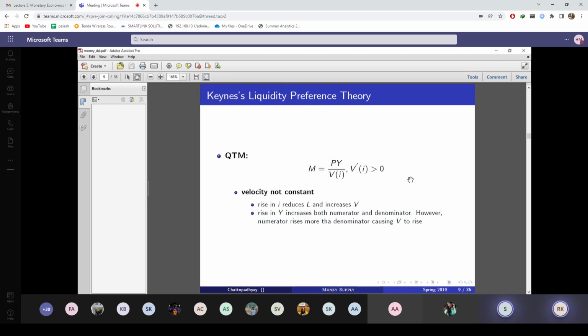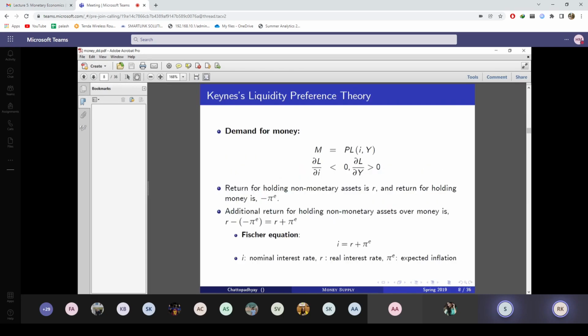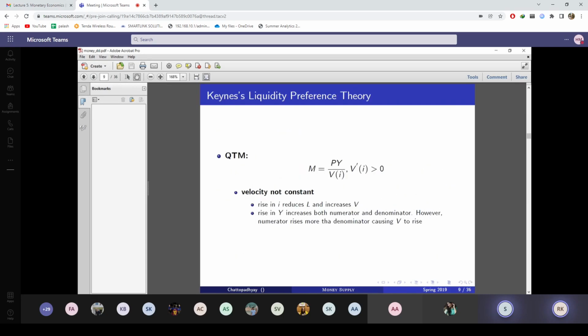Data says, as we have shown, that velocity is fairly constant in the long run. I simply assume V is constant, MV equals PY. But the data also shows considerable fluctuation of velocity in the short run. And if I want to generate a short-run money demand function, which is the purpose of the liquidity preference theorem, I really cannot assume V constant. I have to vary V over time.